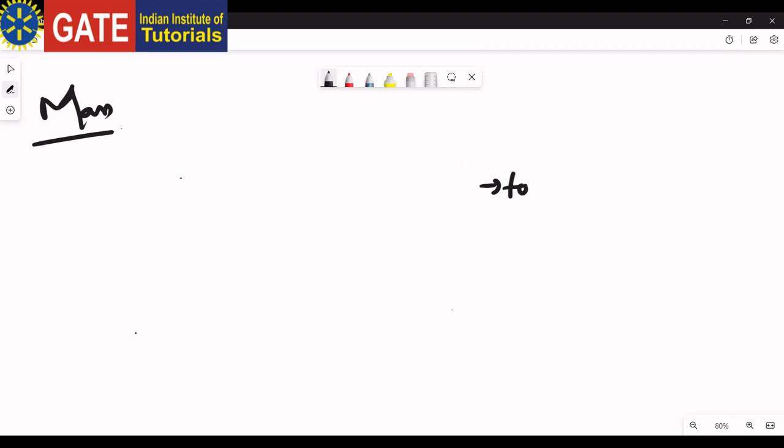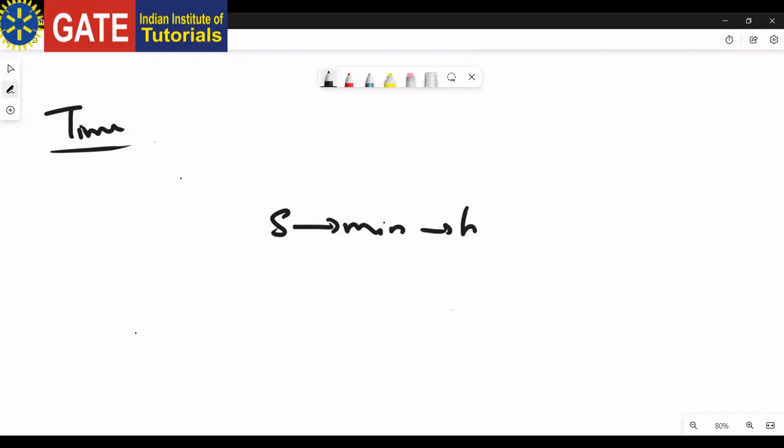And then about time, how many units will be there? Second, the SI unit is the second, of course. Minute will be there. Hours will be there. Days will be there. Week will be there. Month will be there. Year will be there.